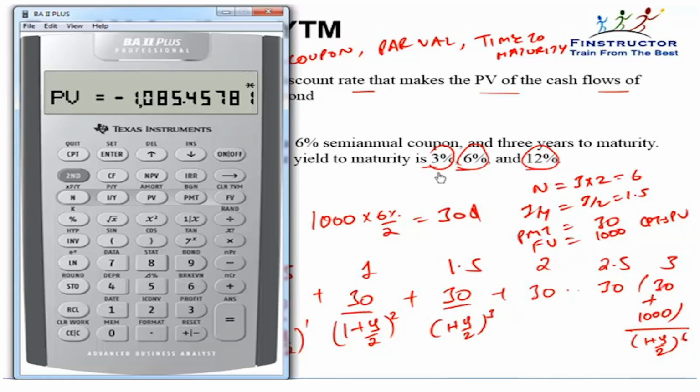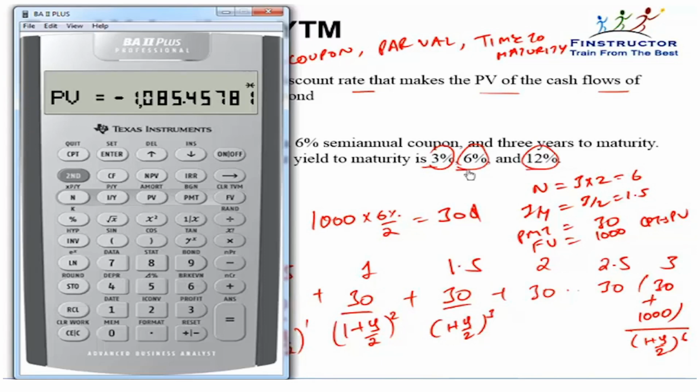So the yield to maturity is the return that you would have actually made at the end of 3 years if all coupons were also invested at the rate of 3%. If you invested them at a higher rate, you could have made a higher return. If you invested them at a lower rate, you could have made a lower return. Yield to maturity assumes that coupons are reinvested at the rate of return, or at the yield to maturity.